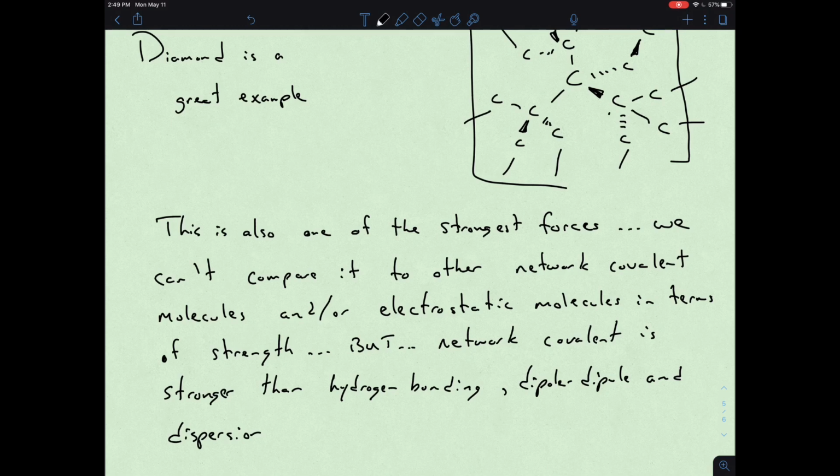So we can have all different levels, and it's really hard to relate network covalent to network covalent. It's also very hard to relate network covalent to electrostatic or to ionic. There's no system here for that. So all we can say is that network covalent is definitely stronger than the other three that we have coming our way: hydrogen bonding, dipole-dipole, and dispersion.